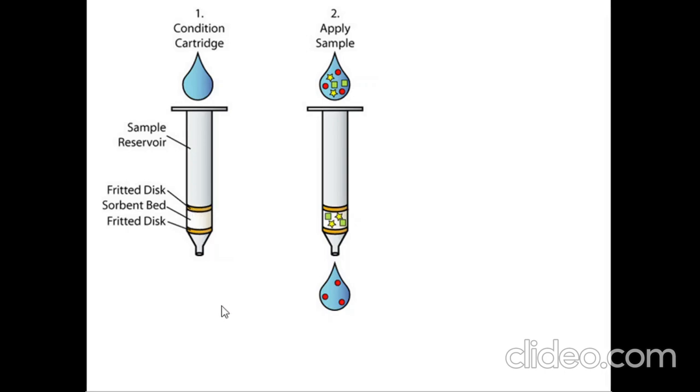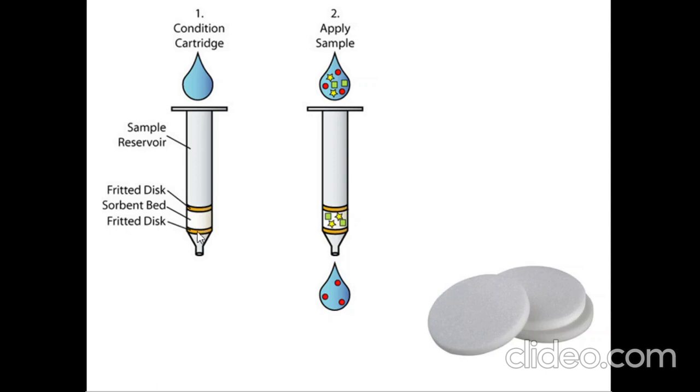The fritted disc looks something like this. This is also porous. A commercially available disc looks like this. So they are placed here. They are porous, so the sample passes through this disc. If there is any extraneous material, the disc prevents it from passing through, and only the analyte solution passes through the sorbent.